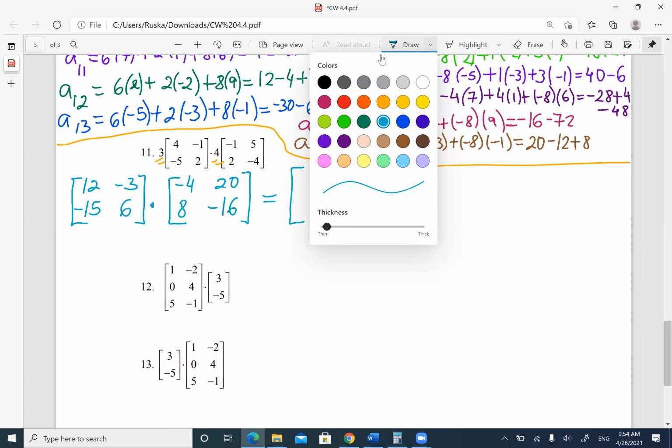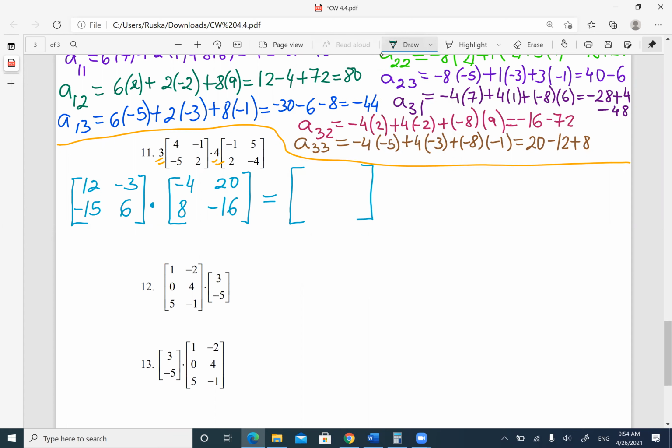So let's start with the first number, which is 1, 1. So I'm going to multiply the first row and first column. So it's going to be 12 times negative 4 plus negative 3 times 8.